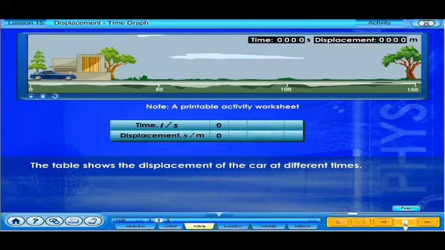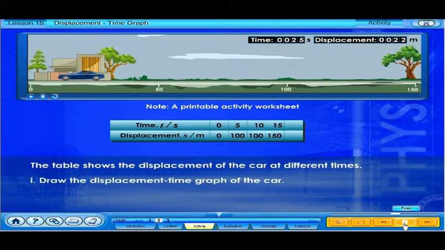The table shows the displacement of the car at different times. Draw the displacement time graph of the car.